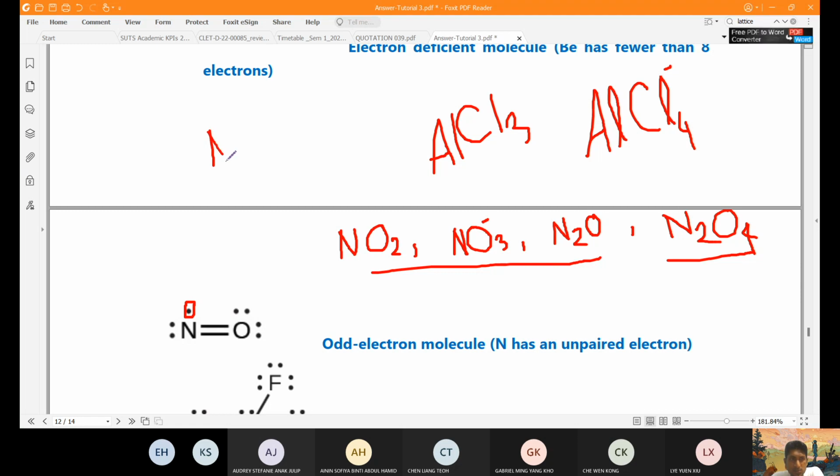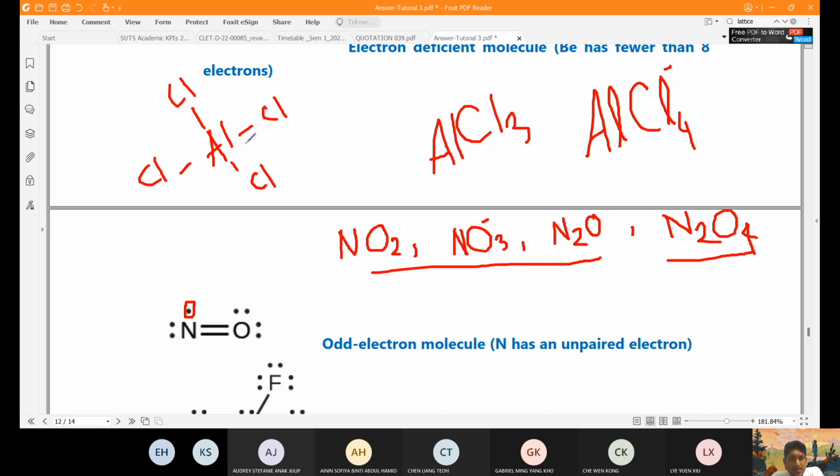So aluminium is here, and then chlorine, and chlorine, altogether four chlorines.